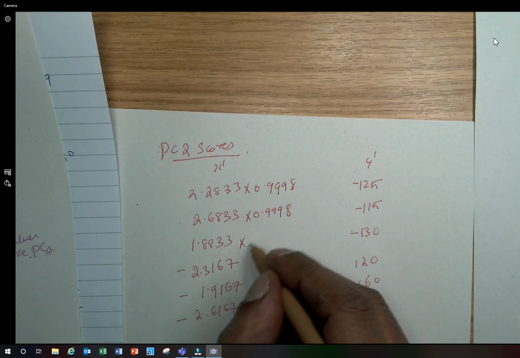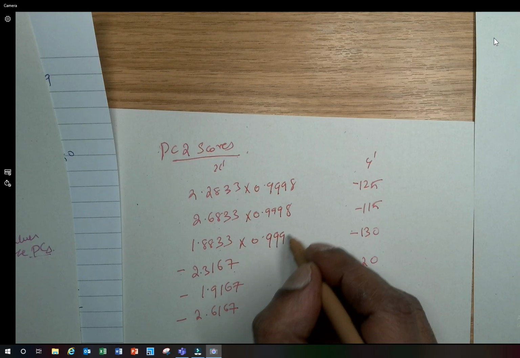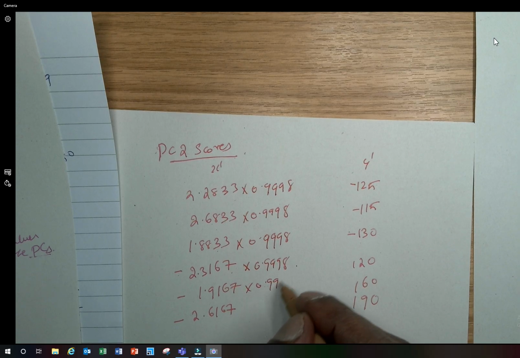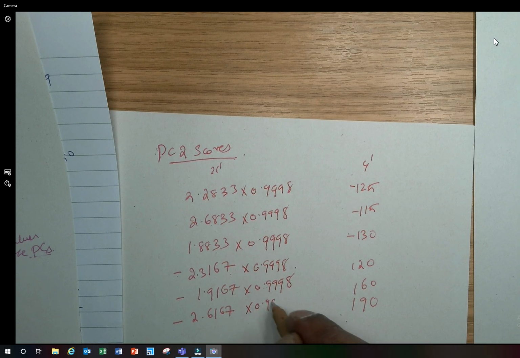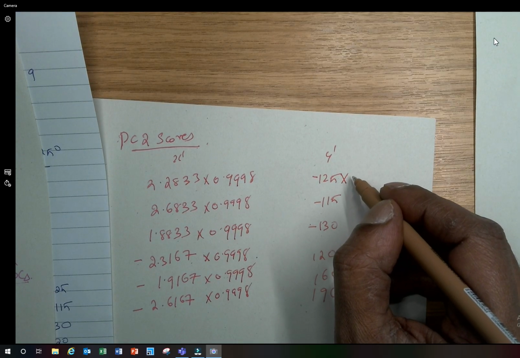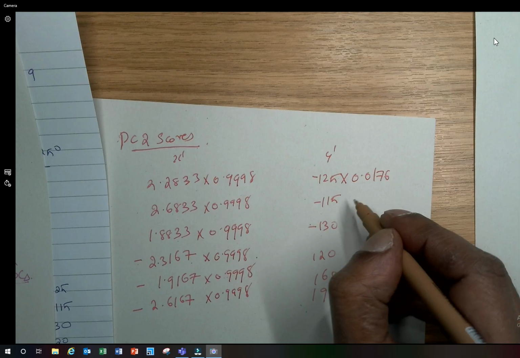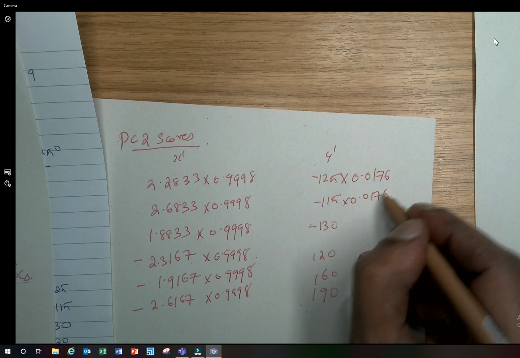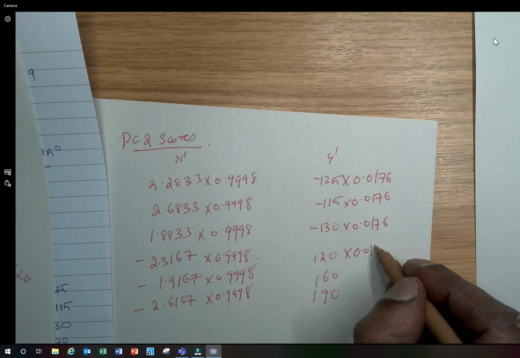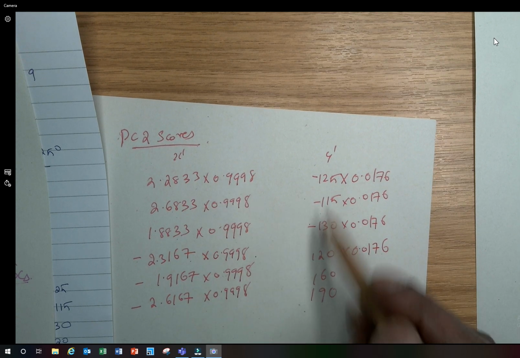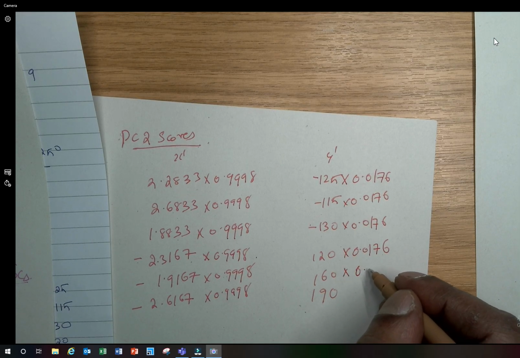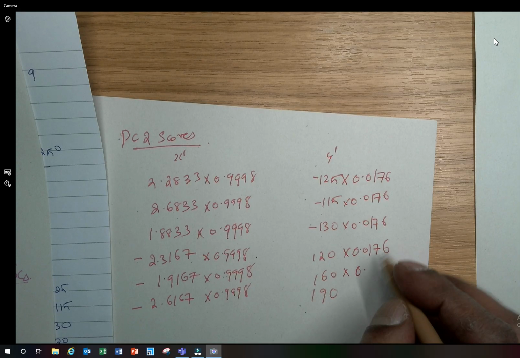So we are trying to calculate the PC2 scores, and here we should multiply with the v2 value, which is 0.0176. What we are trying to do is project the mean centered data onto PC2, the second principal component, which is nothing but the direction of the second eigenvector.